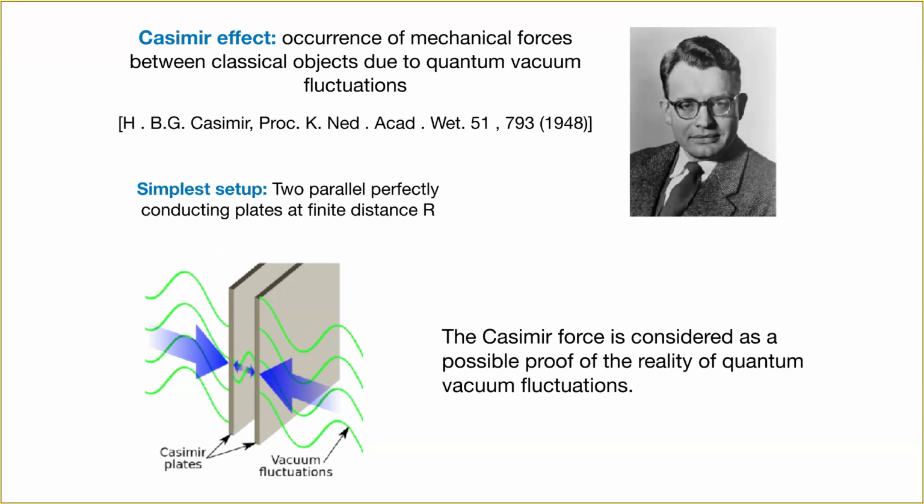Then this limits the spectrum of vacuum fluctuations between the plates, and there should be a different energy density between the plates and outside of the plates. It leads to the so-called Casimir forces. It was confirmed in experiment, and it was consistent with the idea of an infrared cut of the waves here, which was considered a kind of proof of the existence of quantum vacuum fluctuations.